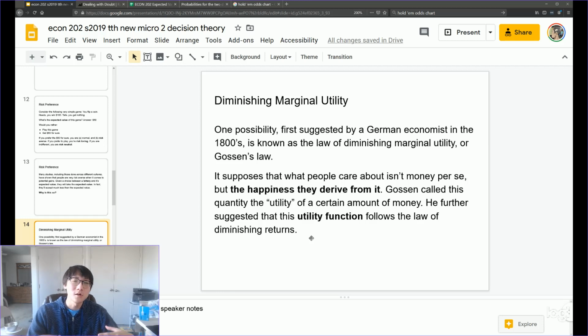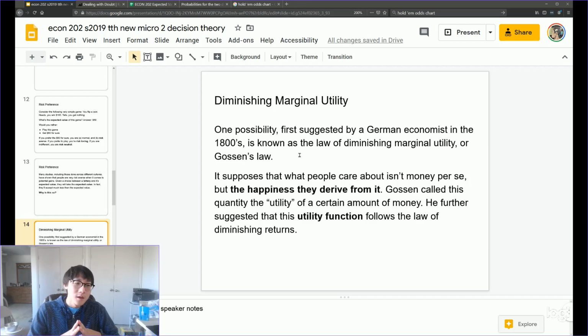Okay? And so this economist, Gossen, who was sort of the first person to really formalize this idea, was basically saying that what people care about isn't money per se, but the happiness that they derive from what they can buy with that money. And he called this satisfaction or happiness that you derive from the money utility.